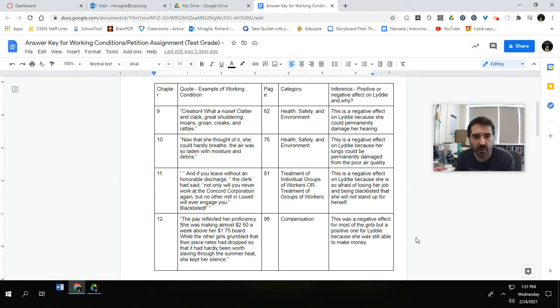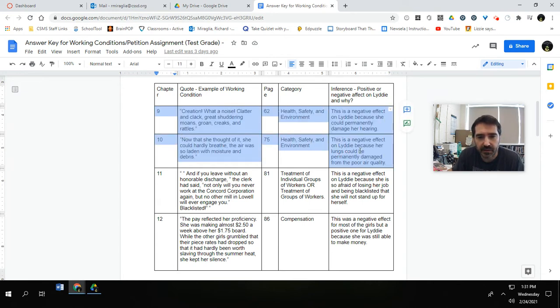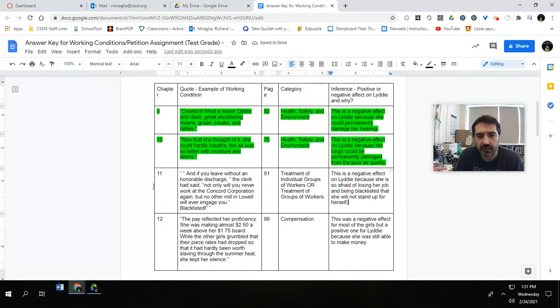Now, the first quote is noise pollution. The second quote is air pollution. So both of those definitely are things that she wants to prevent, and signing the petition would help. So we're going to highlight those in green.